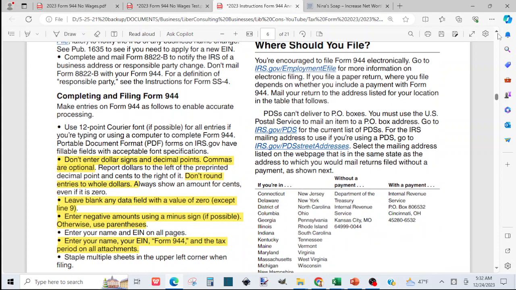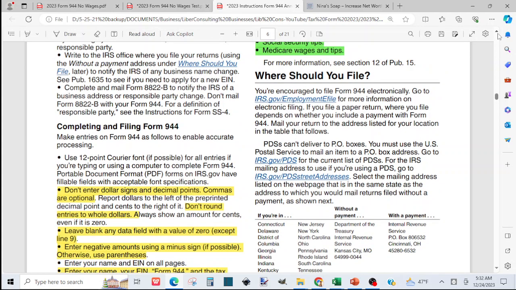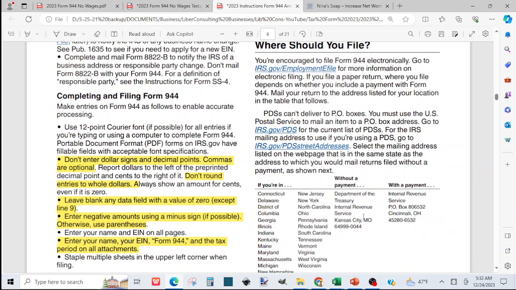It will start on page 6 and go to page 7. What you will do is first locate the state your business is located in, and then look at the column that says without a payment and see the address that corresponds to that line where your state is. That is the address you put on the envelope.